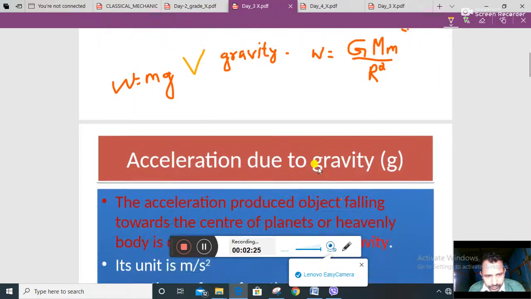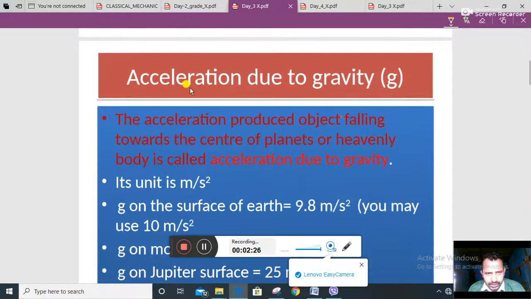Let's go down. Acceleration due to gravity. If gravity is a force, the acceleration produced by an object falling towards the center of a planet or heavenly body is called acceleration due to gravity. Or you can also say simply, the acceleration produced by a falling object towards the center of a planet or heavenly body is called acceleration due to gravity.